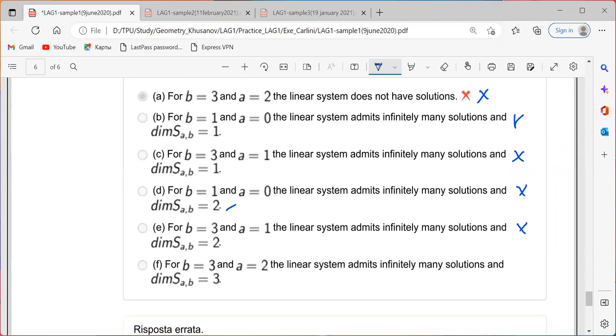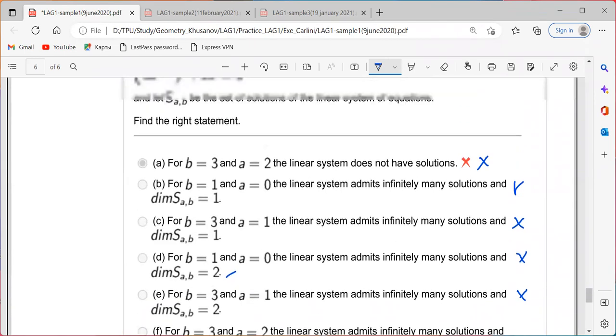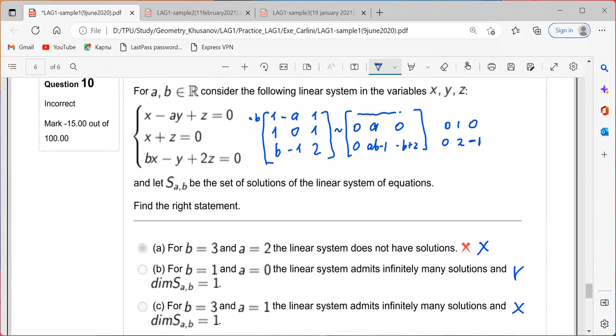And we have 3 and 2. Infinitely many solutions, and the dimension of the solution space equals 3. The dimension may be 3 only in the situation when we have 3 free variables. But 3 free variables we will have only if our main matrix is the 0 matrix, but it's not 0. So at least one of these rows has nonzero elements.